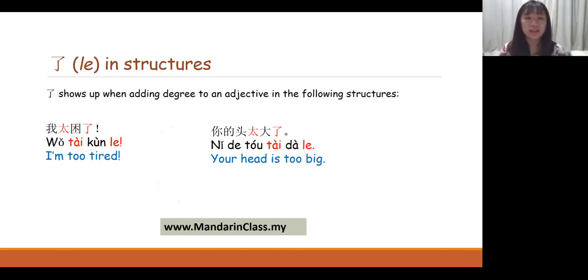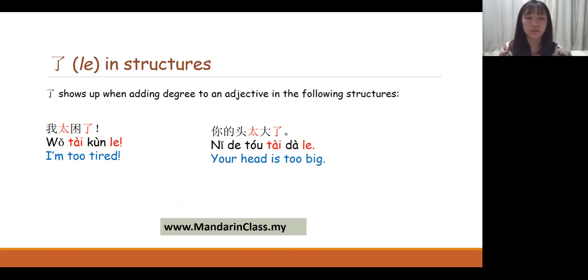First, le in a structure. Usually we add the subject first, and then an adverb, the red word 太, then an adjective, and then le.